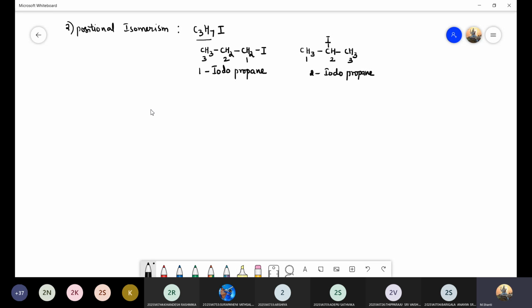I'll give you another example. Please try out C4H8. Let me see how many of you will come up with the answers. I'm giving you a hint also. Only 2 positional isomers are possible.